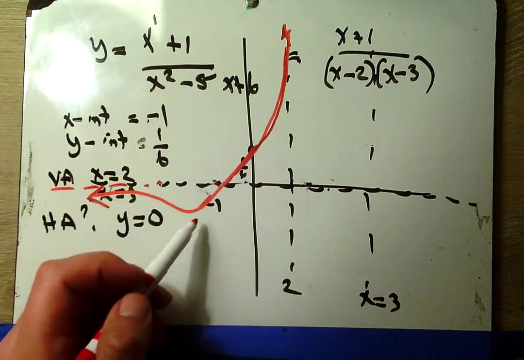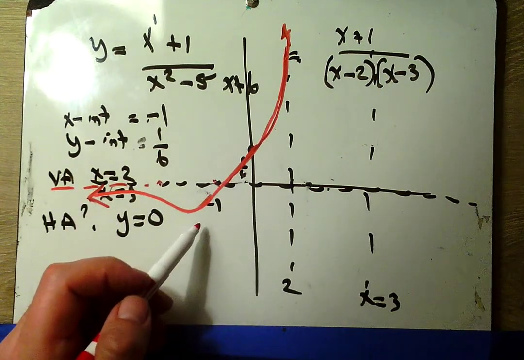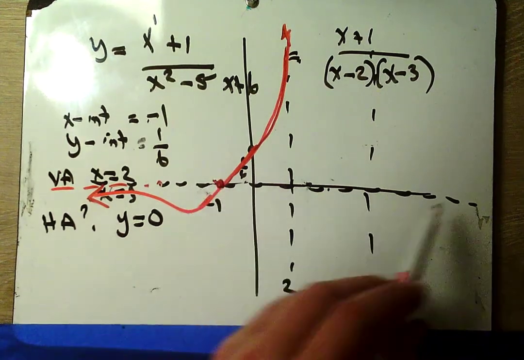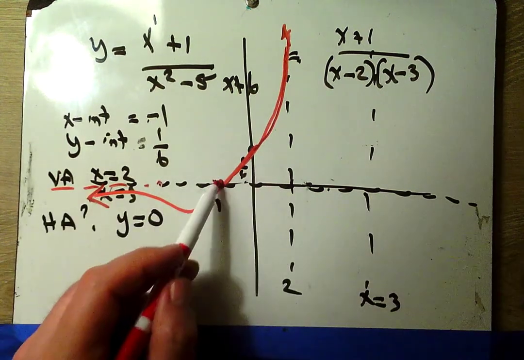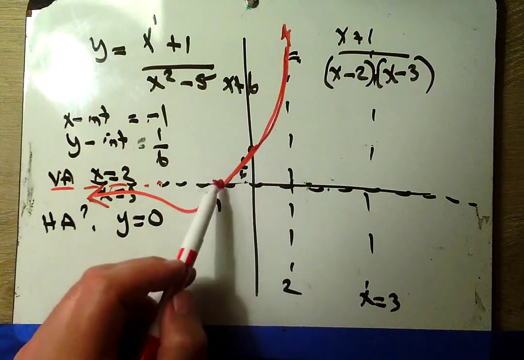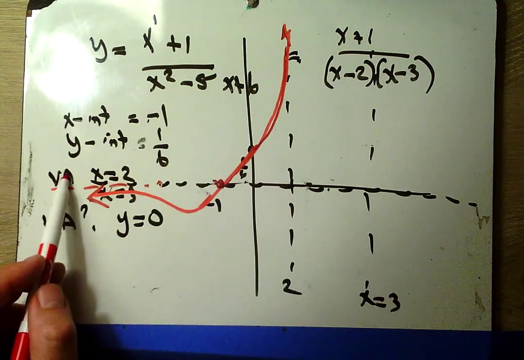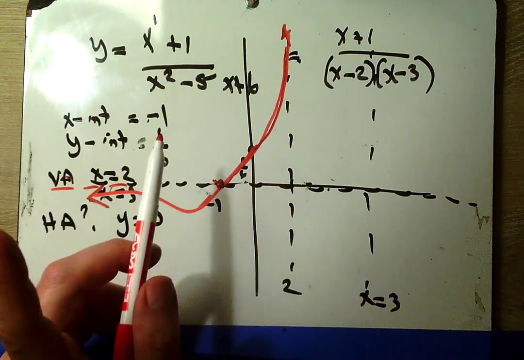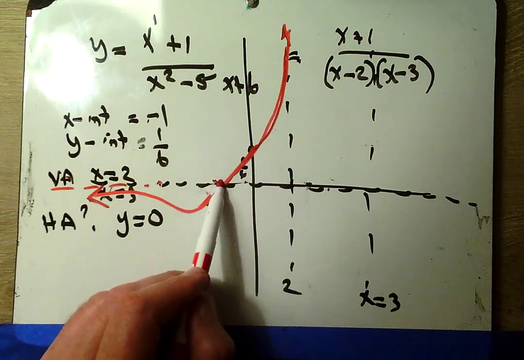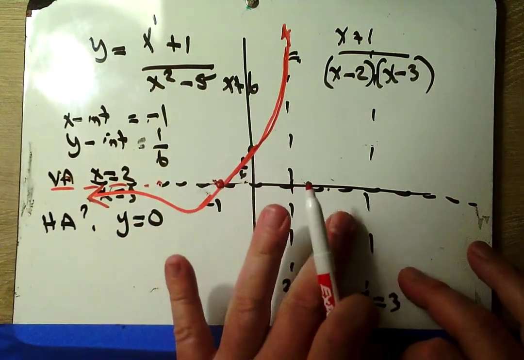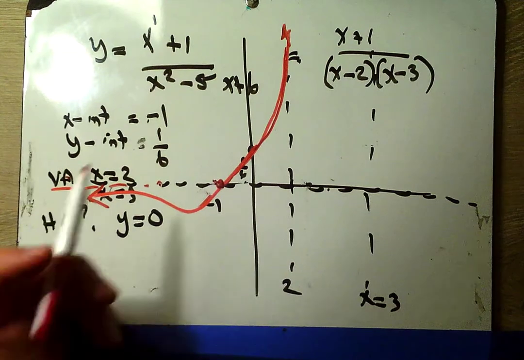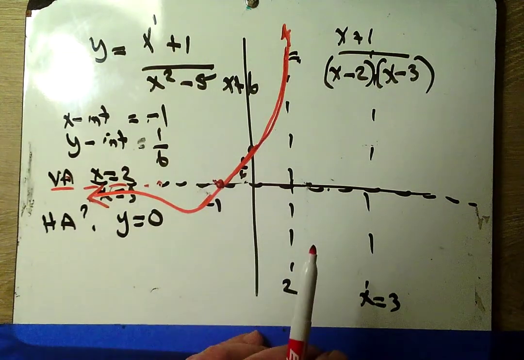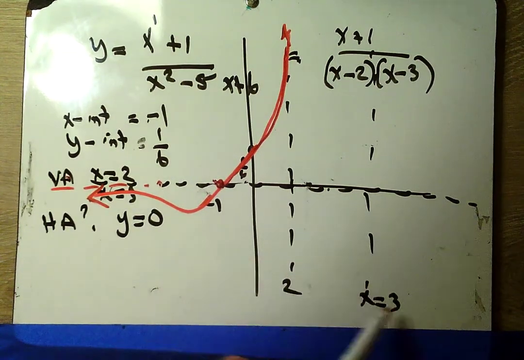Okay? When does something like that happen? That can happen when the horizontal asymptote is on the x-axis and the x-intercept is not between the two vertical asymptotes. So I get something like that. But what about here in between these two vertical asymptotes?